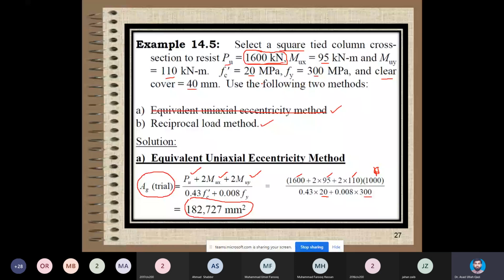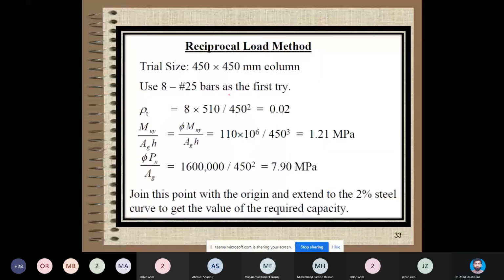So luckily here in this example problem, we have just solved the problem with a direct design technique, although that was an approximate technique, which is the approximate method equivalent uniaxial eccentricity.